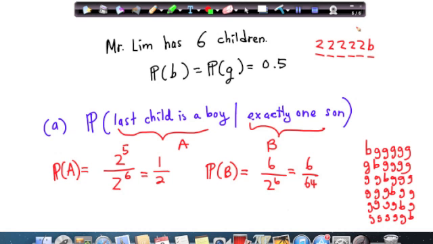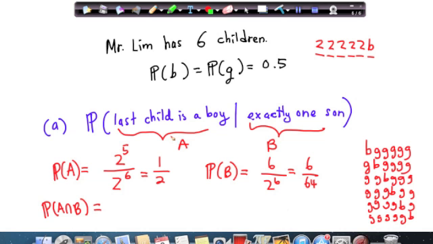Next, we want to determine the probability of the intersection of A and B. What can we say about the element in the intersection of A and B? If we have only one son and the last child is a boy, then the only son must be the last child.